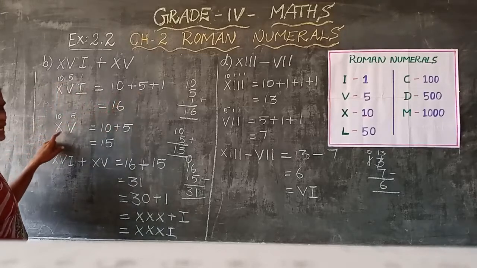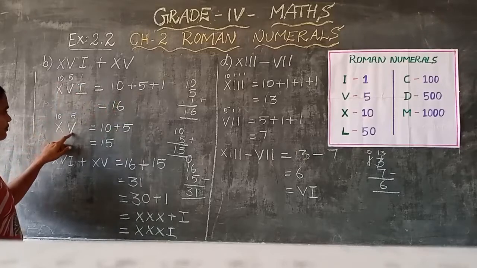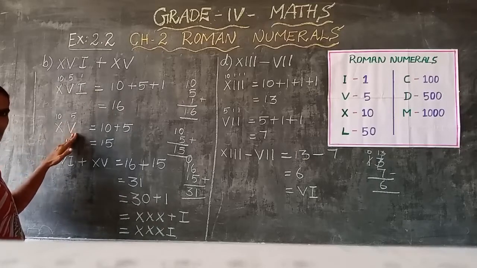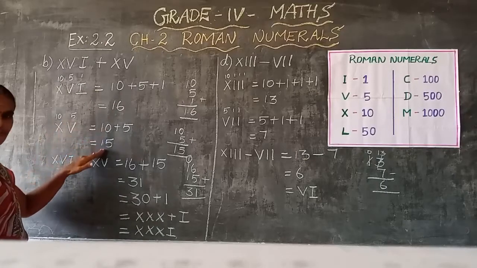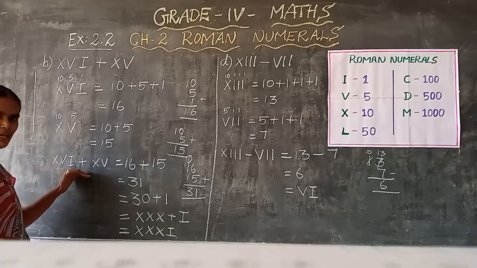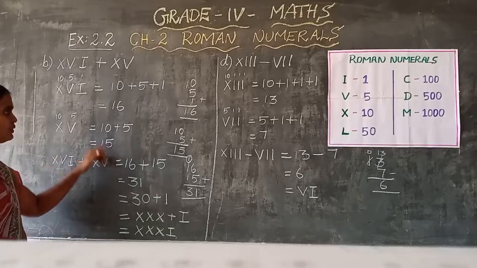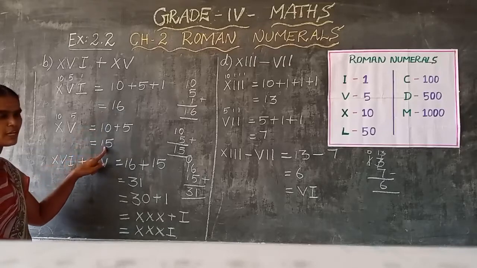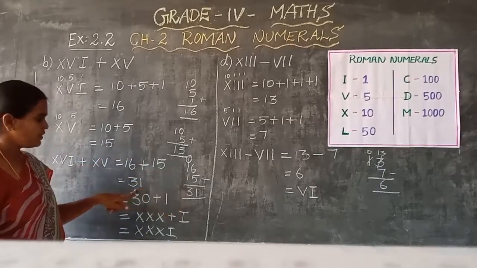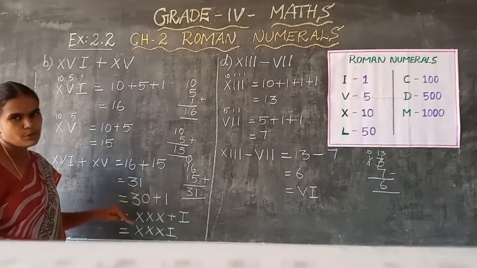Like XV: X value 10, V value 5. The greatest number is 10, the right side has the small number, so addition: 10 plus 5 is 15. So your question XVI plus XV equals 16 plus 15. We get answer 31. Your answer must be in Roman numerals.